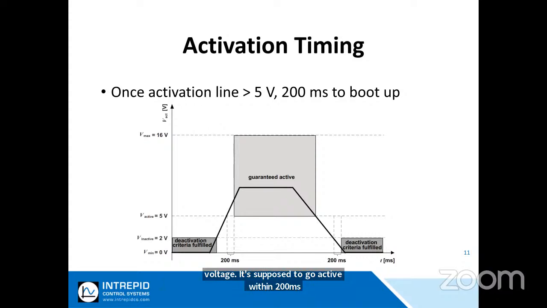And then after you fall below the 2-volt mark, you have another 200 milliseconds to inactivate those 4 Ethernet wires, which is something that Intrepid does make test tools for, and we have the ability to test this, although this is fairly easy to test with other tools as well. But we've even written some small QA things that we do just to test this kind of thing.